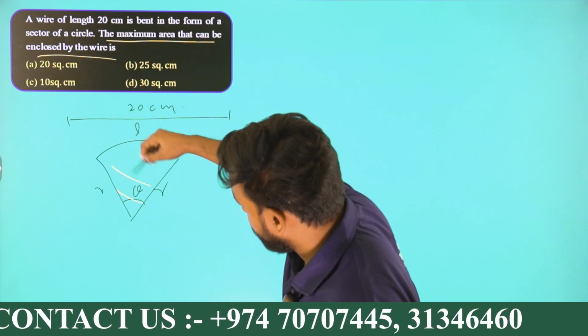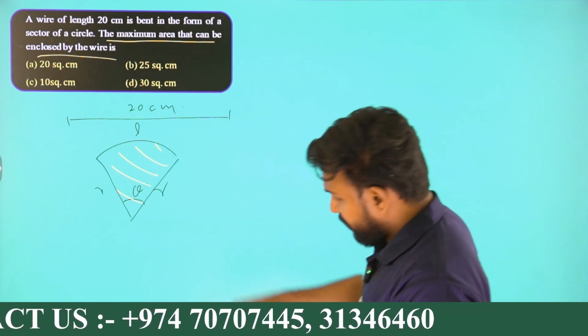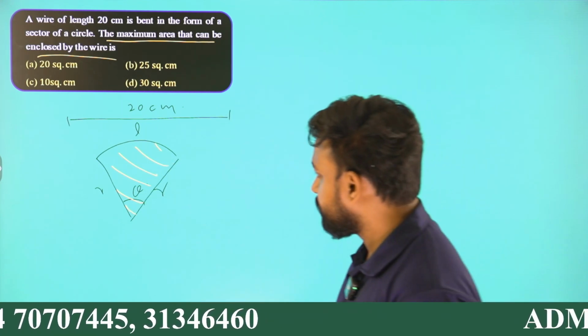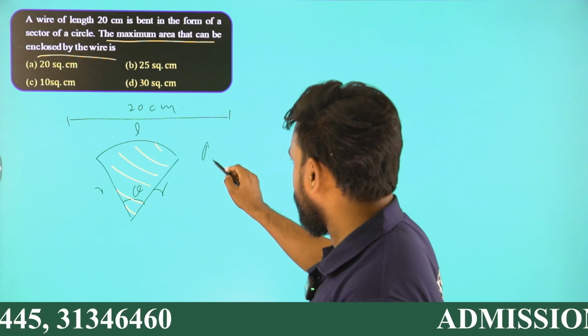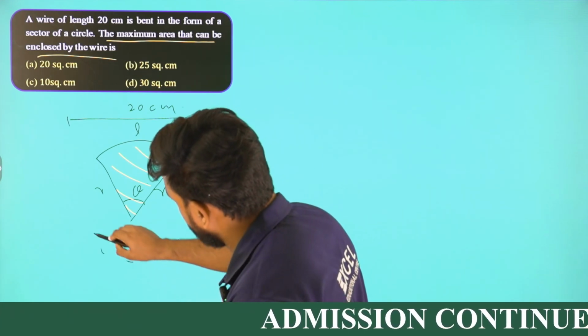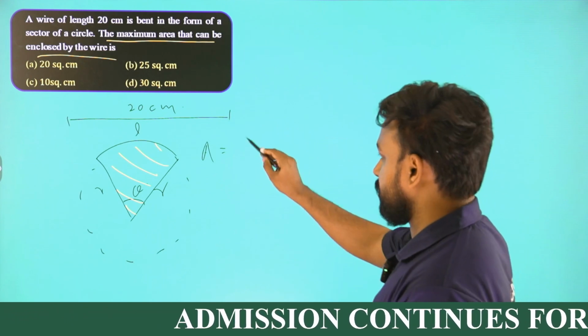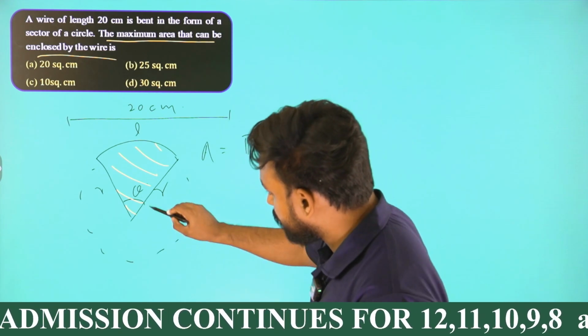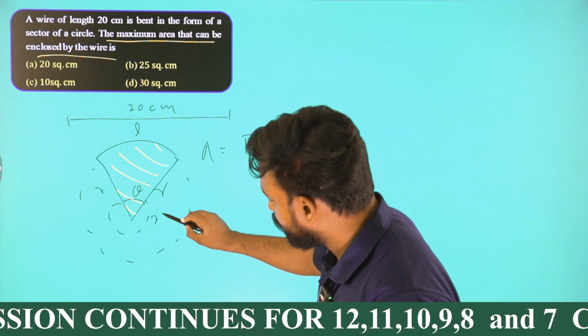So we need to find an equation for the area of this sector. What is the area of this sector? What is the area of the total circle? It's pi r square. And the total angle is 2 pi.